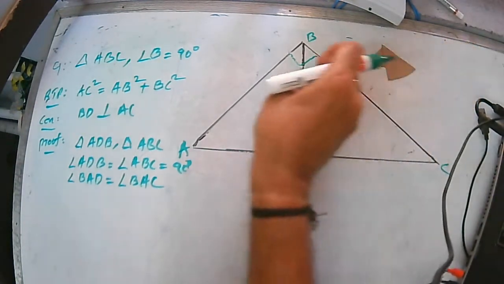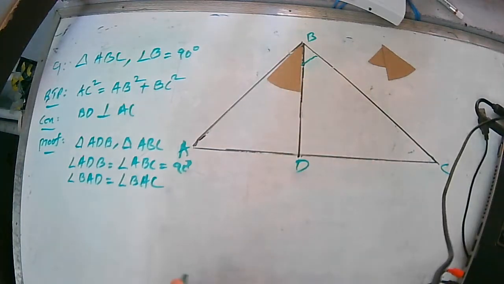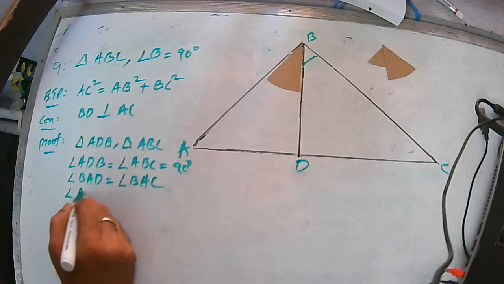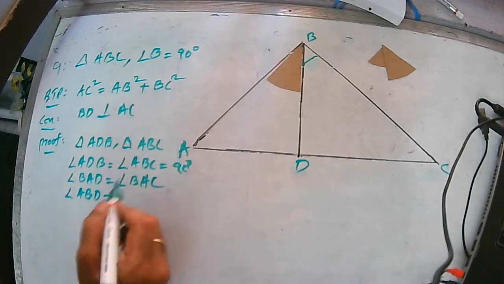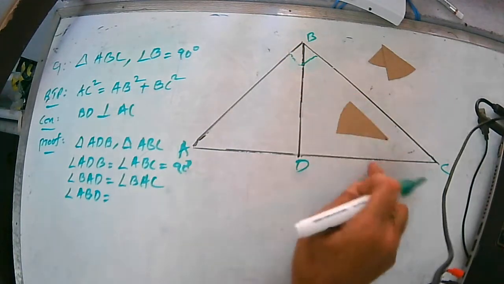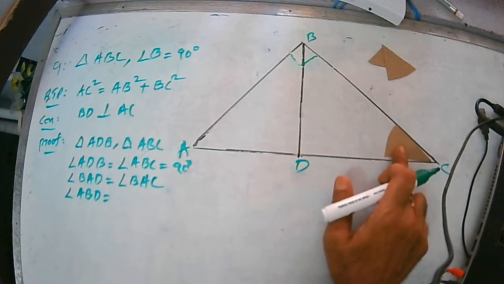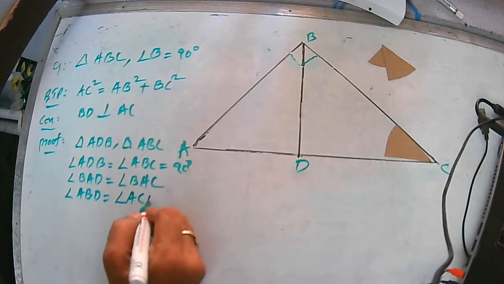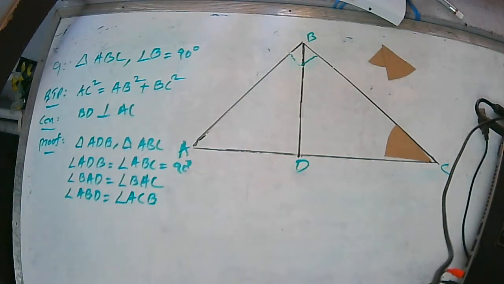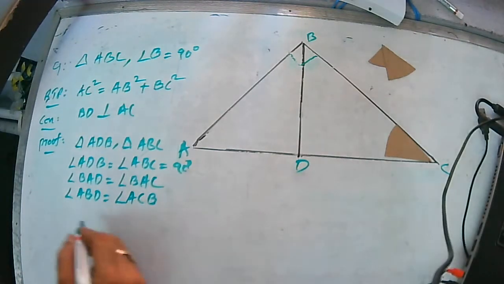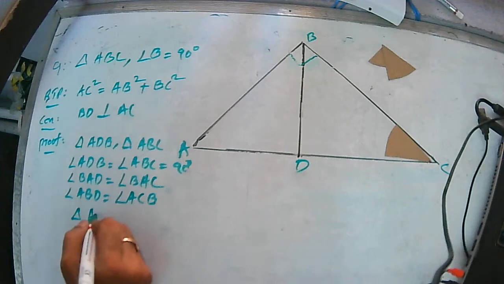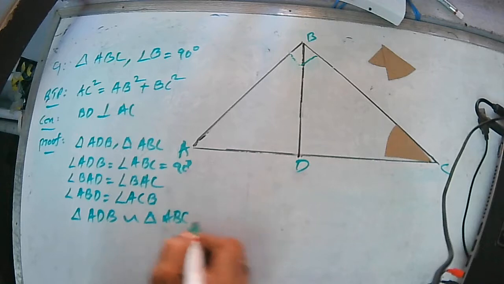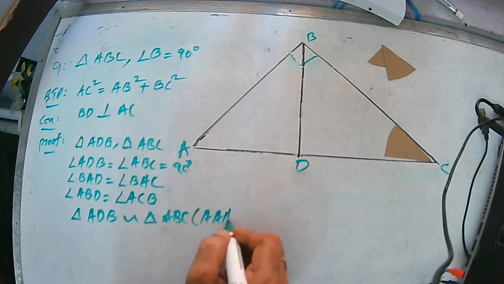So here angle ABD, the third angle, is equal to angle ACB in the given triangle. So three pairs of angles are equal, so we can say triangle ADB is similar to triangle ABC, by the AAA similarity theorem.